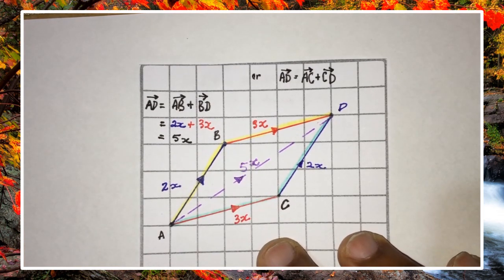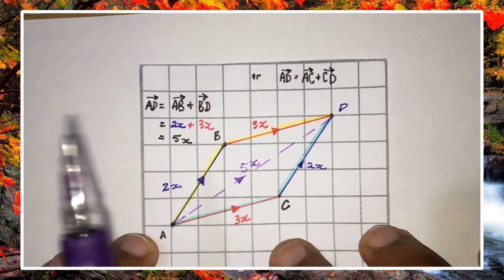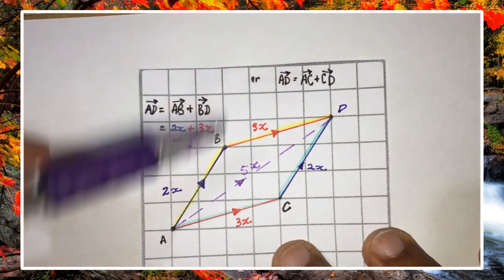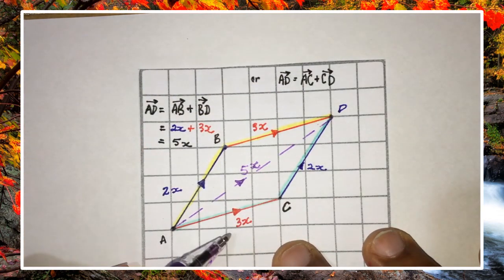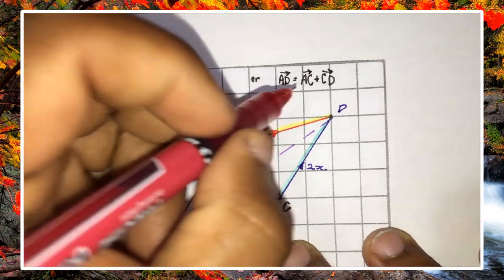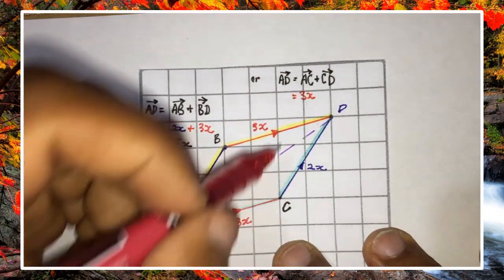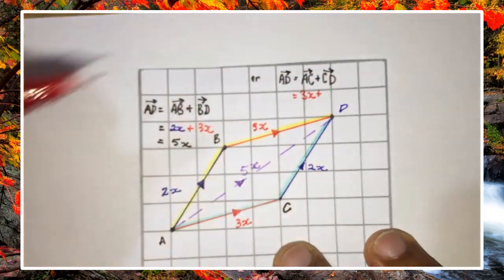If I travel the other route, I should get the same thing. Let's prove it. So A to D, I need AC. When I look, AC is 3x, and we're traveling with the vector, so it's going to be positive 3x. Good. Plus CD.